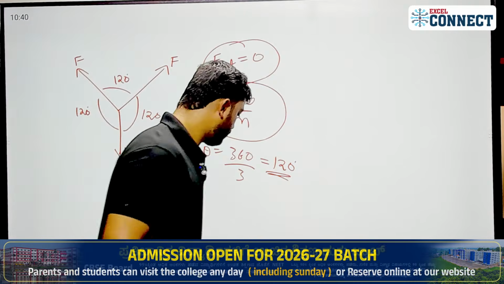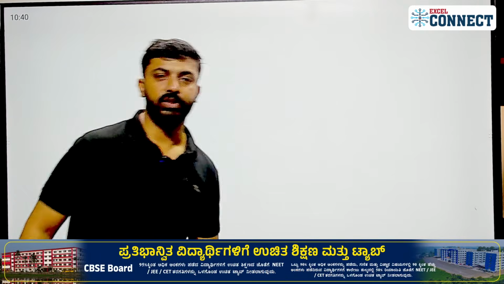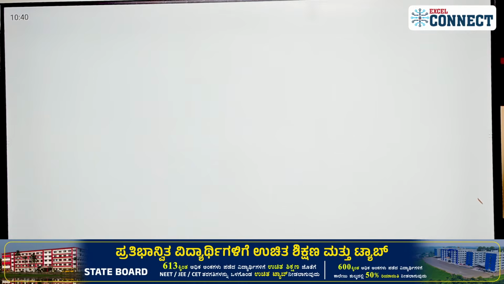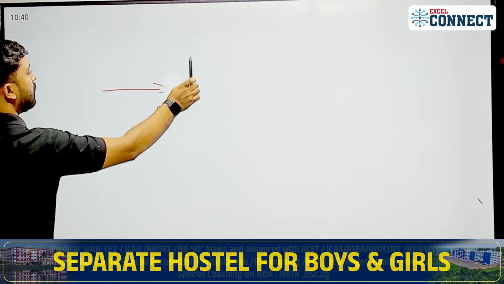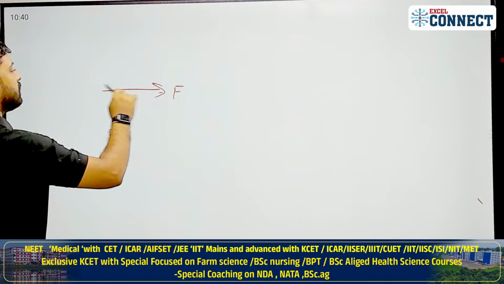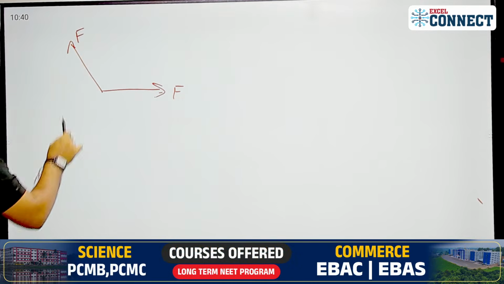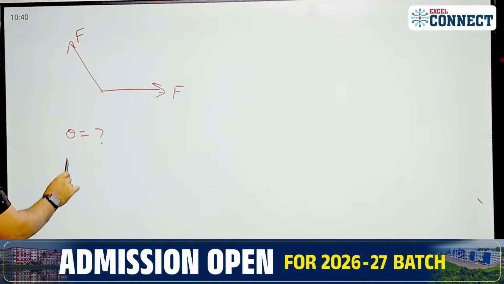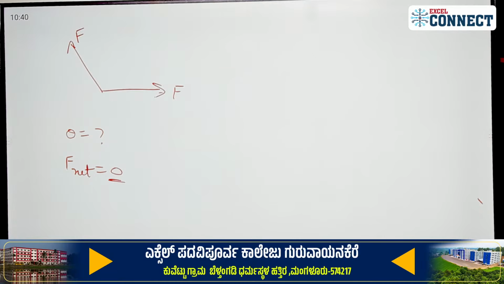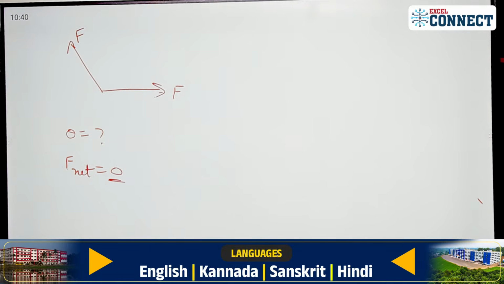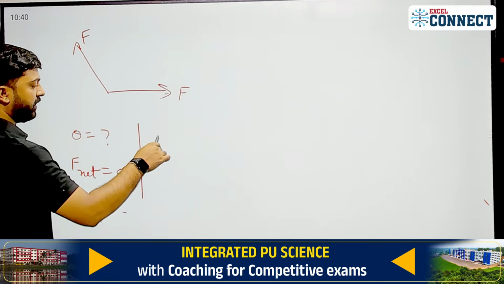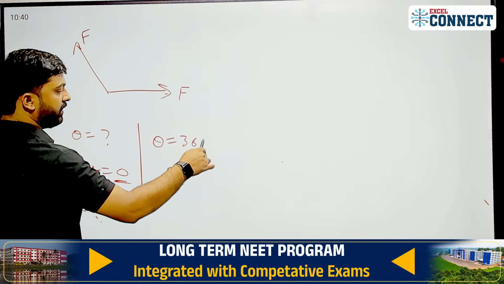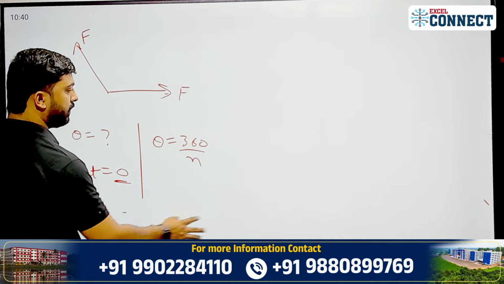So now, if we have 2 forces, what should be the angle between them so that F net is 0? So we can use this condition, 360 by n.